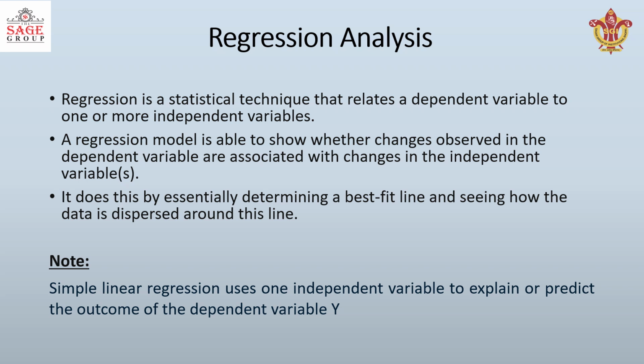That is, we find the regression equation, which is the equation of a straight line in the case of a simple linear regression, and we find out how this line fits or how it is able to predict the value of the dependent variable for a given value of the independent variable. Please note, a simple linear regression uses one independent variable to explain or predict the outcome, or the dependent variable.